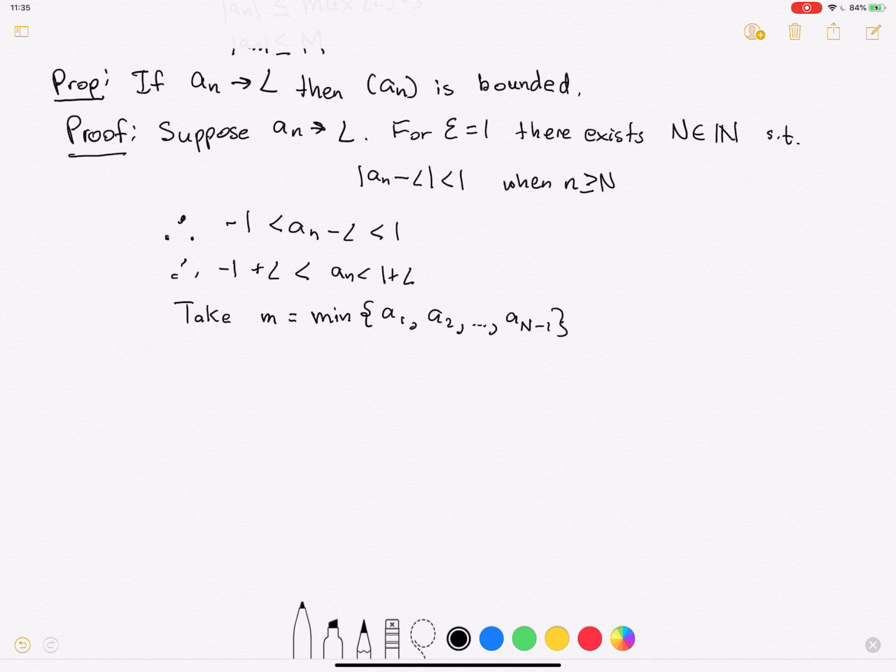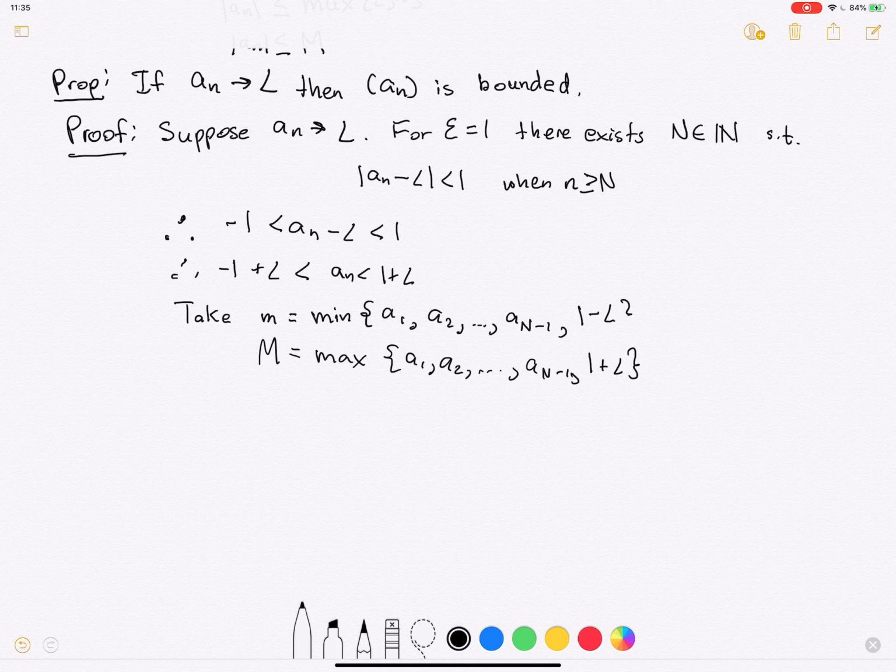So now we want to show it's bounded, and M is equal to the max of a_1, a_2, all the way up to a_(N minus 1), and include 1 plus L. Whoops, looks like I missed one here.